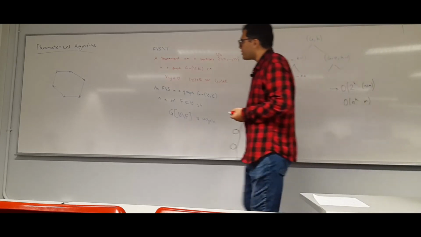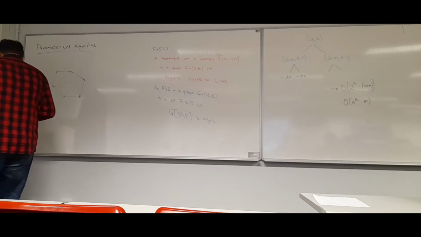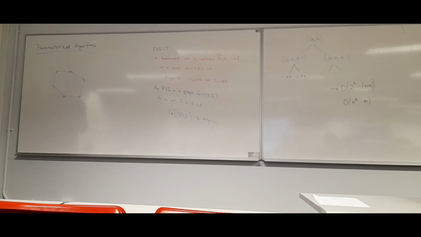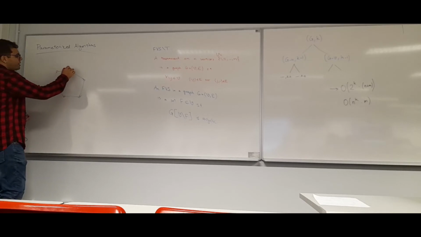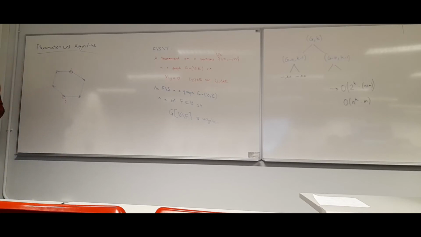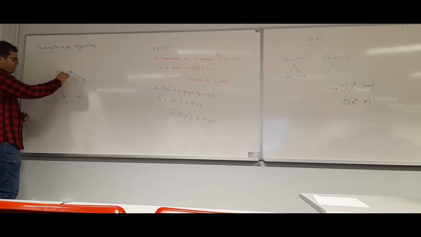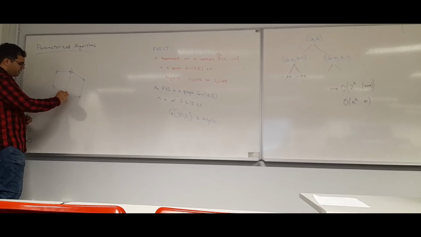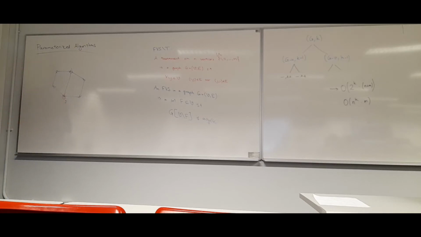Okay, now let's go back to this cycle that we had found here. And let's take 2 of its vertices. So for example, let's say I want to look at this one and this one. Let's call this one I, let's call this one J. Now I know that my input was a tournament. So there should be an edge between either I and J or J and I. Now, if there is an edge from I to J, then I actually have a shorter cycle here.